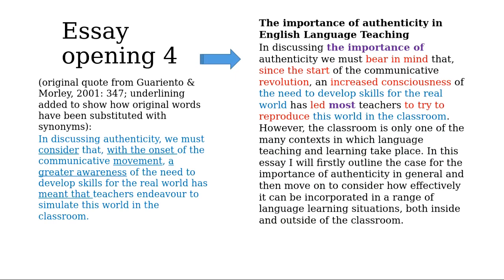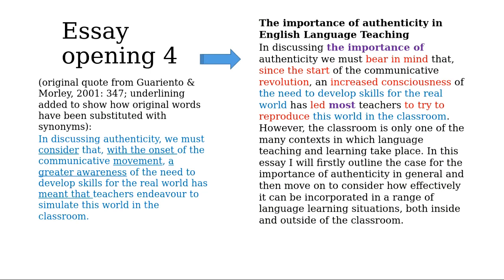So on the left-hand side, we see the original quote from the source, and I have underlined some of the words here to show how these words have been substituted with synonyms in the reproduction by the students. So the essay opening on the right-hand side, in discussing the importance of authenticity, we must bear in mind that.